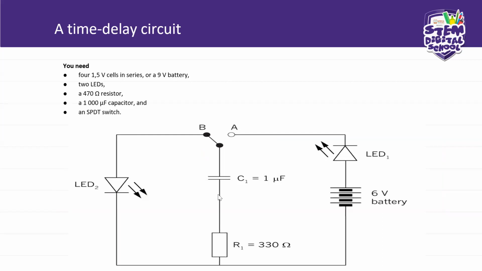Then you have a time delay circuit. I showed you this one yesterday. It is a time delay circuit. And there, the main component that plays the biggest role in this circuit is the capacitor. Remember, I told you about the character of the capacitor. So the capacitance in circuits is measured in farads.